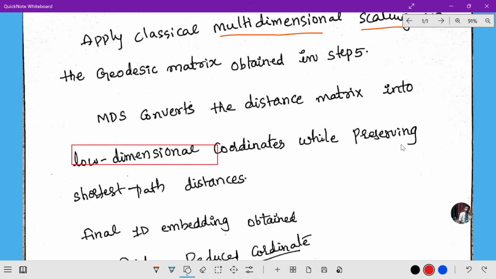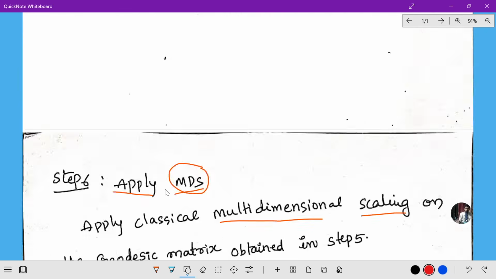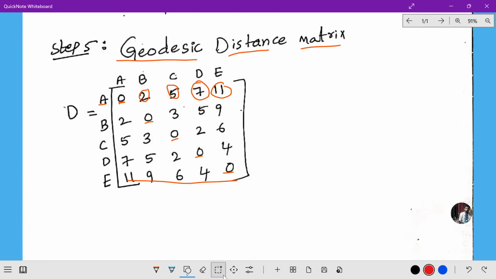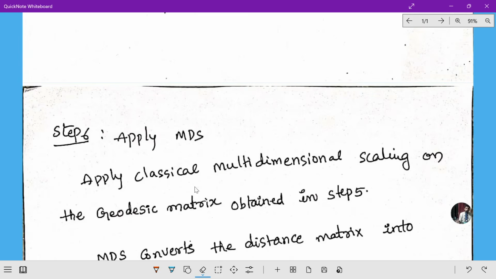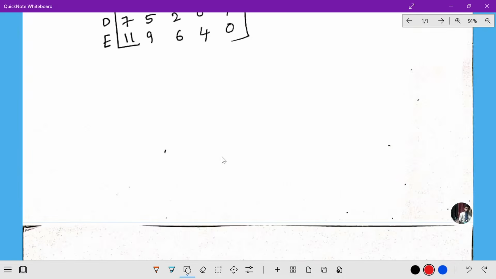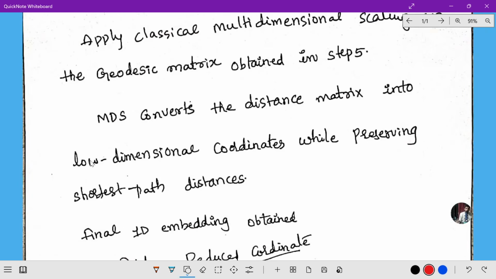Important point: while preserving the shortest path. So remember, we received this matrix. Now we need to apply multidimensional scaling, and please focus on the low dimensional coordinates.